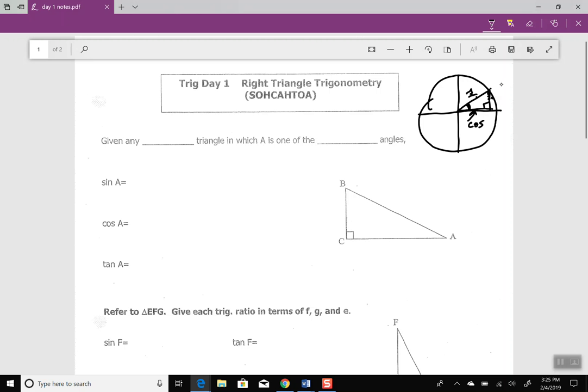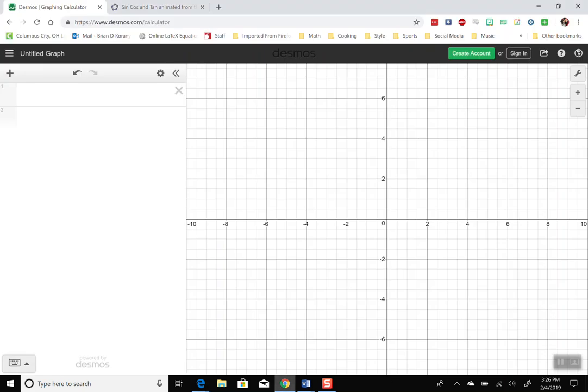If we're looking at a particular point on this unit circle, the x value would be given by the cosine, and the y value would be the sine value for that particular angle. That's something we'll explore in later math classes, but for now it's a little intro.